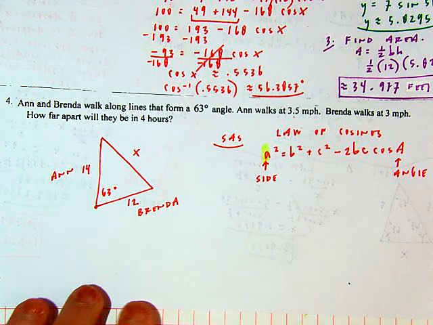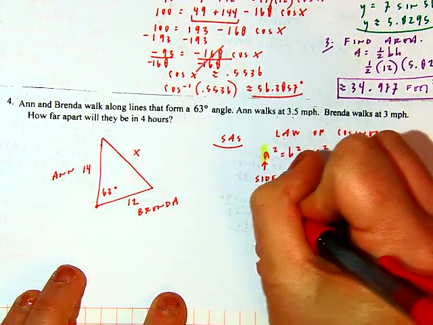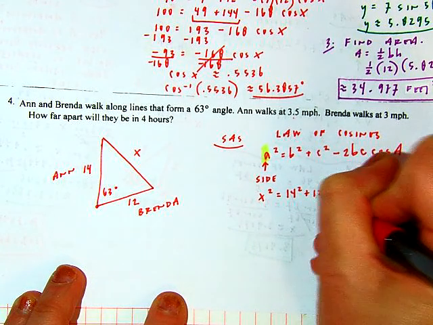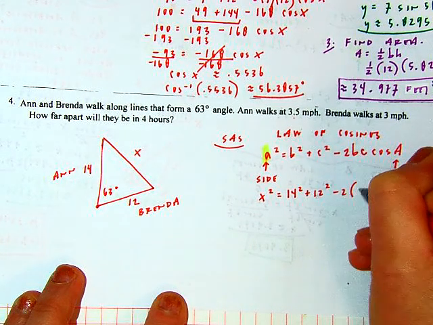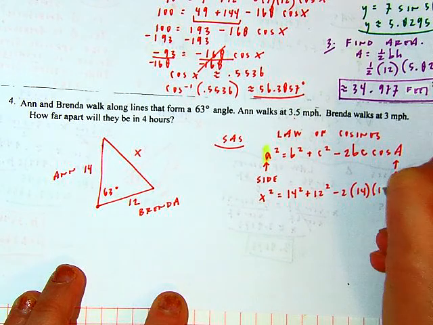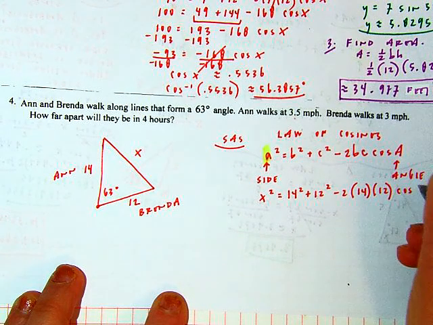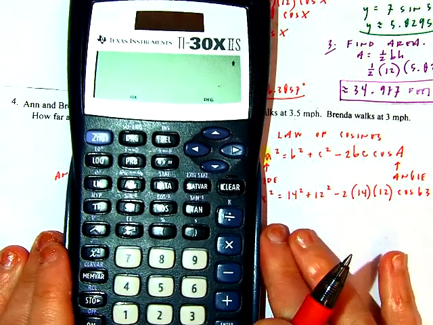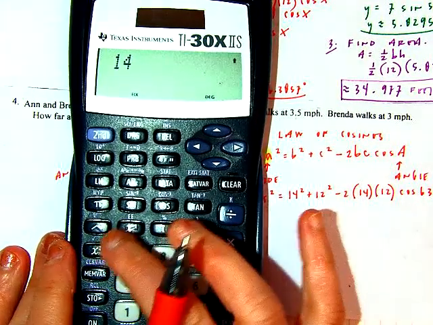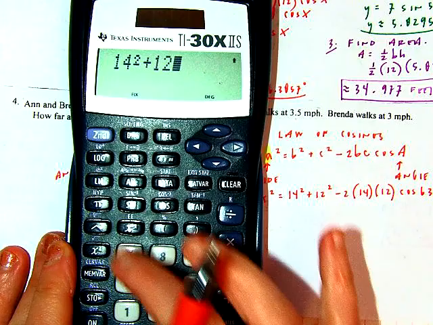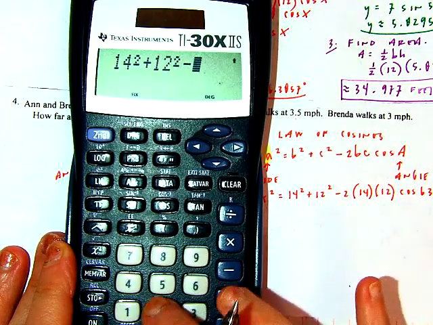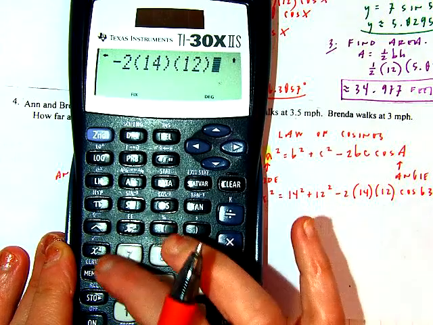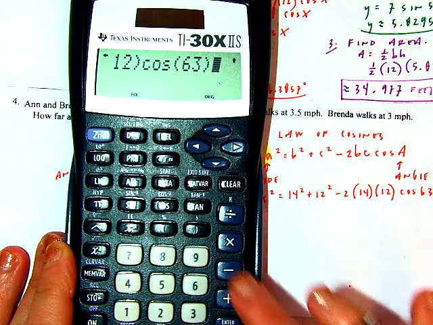All right, so plugging in, I get x squared equals 14 squared plus 12 squared minus 2 times 14 times 12 times cosine 63. So let's type all of that in.